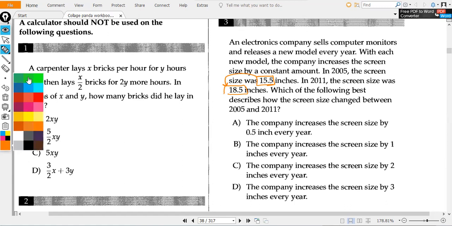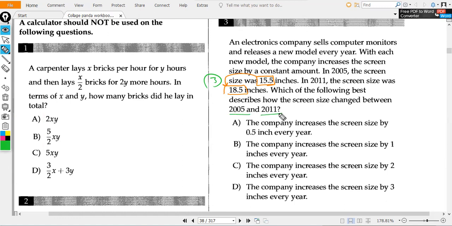3. How many inches? 3 inches. Good, very good. Which of the following best describes how screen size changed between 2005 and 2011? Between 2005 and 2011, how many years do we have here? 6 years.